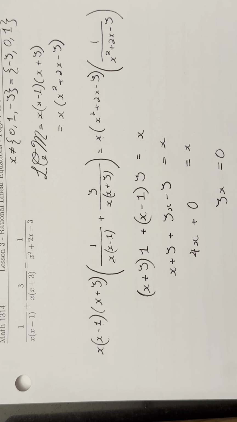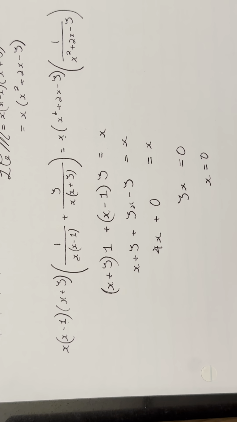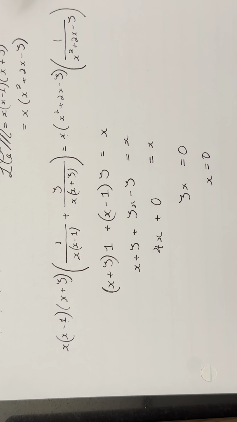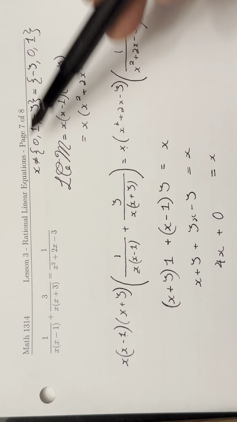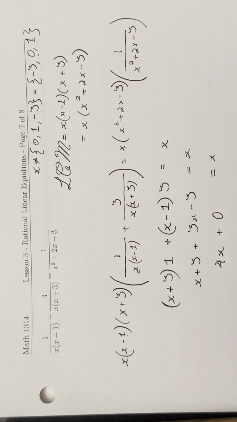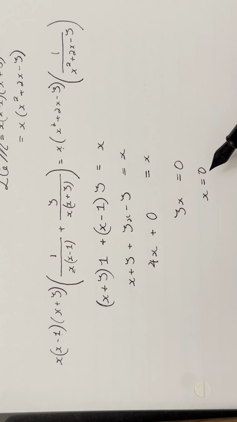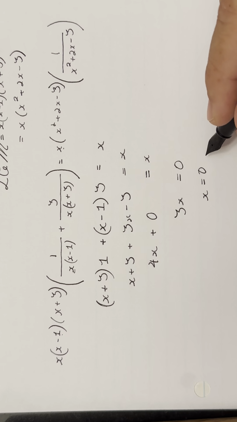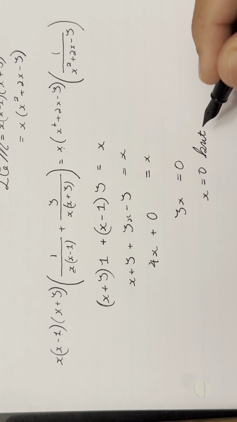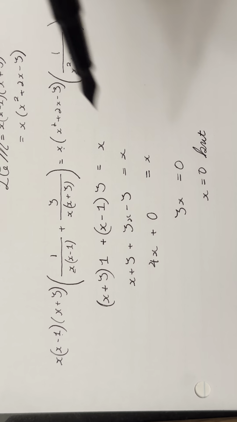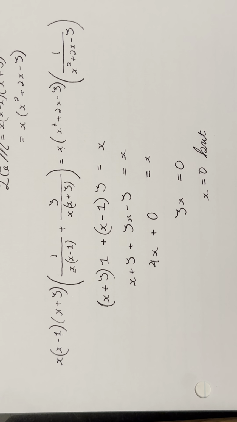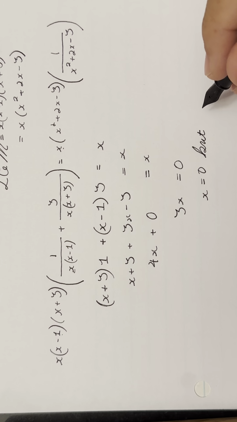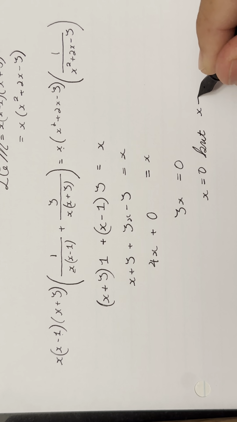But wait just a minute. We already established up here, x cannot be 0. So even though we found that the solution is 0, that's not going to fly. Because, again, what is a solution? It's the value that makes the original statement true. So we have x equals 0, but x cannot equal 0.